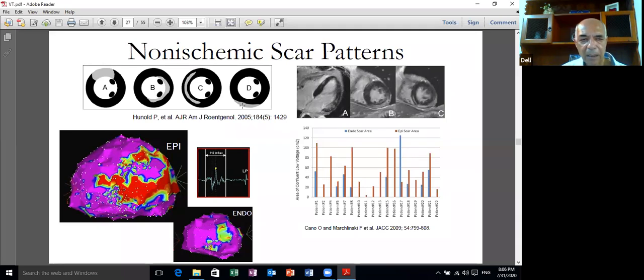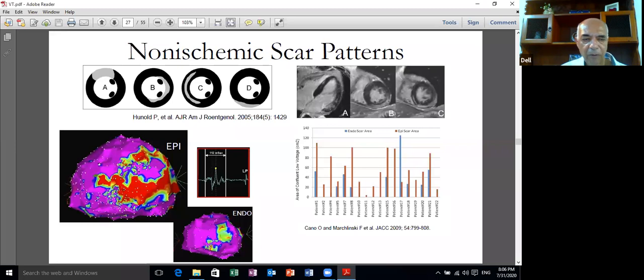In non-ischemic cardiomyopathy, usually the substrate for ventricular tachycardia is more prominent on the epicardium rather than on the endocardium. So if you look at this electroanatomical mapping, here the red corresponds to the scar, the purple corresponds to the normal tissue, and the other colors are the border of the scar.